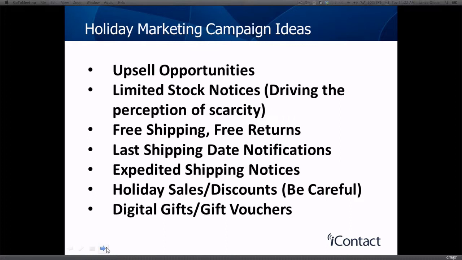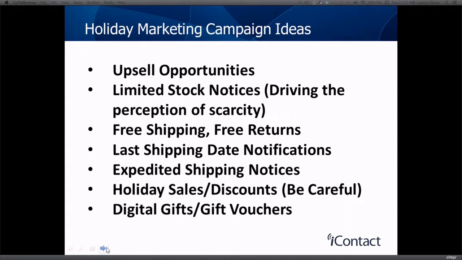Holiday sales and discounts, you really want to be careful here because this is the time of year that people are making these buying decisions. They want these products or services, severely attracted by major discounting. But certainly following the holidays, that's when you still have stock left on the shelves, that's when you need to push these holiday sales.